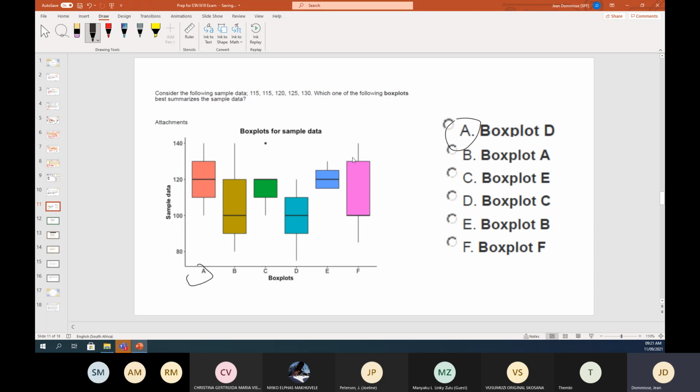Trust me, this happens a lot because you're so rushed in the exam, you need to get to the next question. But when you get it wrong, you're like, but I know that was correct. Then look at what A was. It said box plot D. In the exam, just as you go through it, check that the A corresponds to the A that you think is the right one, because I've seen it too many times.